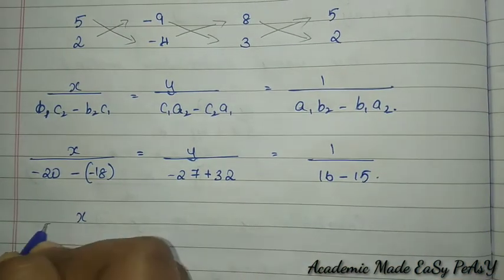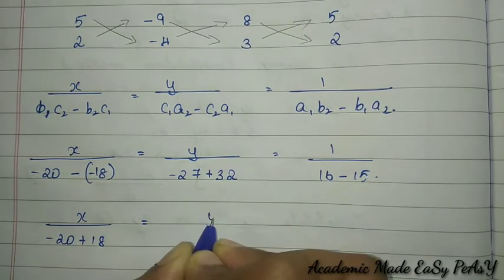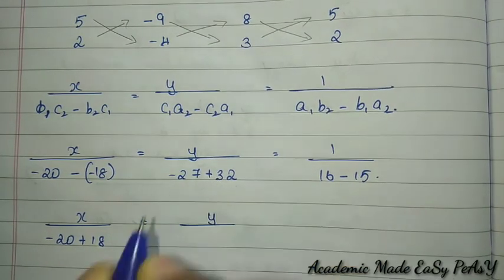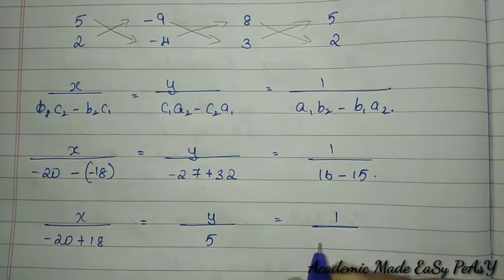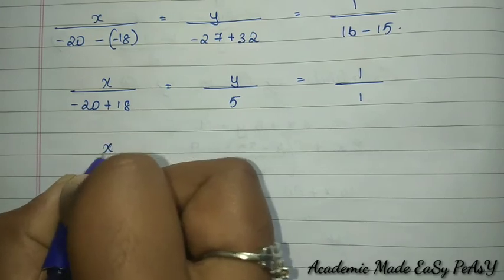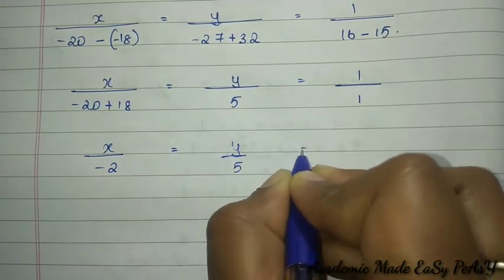So x by minus 20 plus 18 is equal to y by 32 minus 27, which is 5, is equal to 1 by 16 minus 15, which is 1. So x divided by minus 2 is equal to y by 5 is equal to 1.